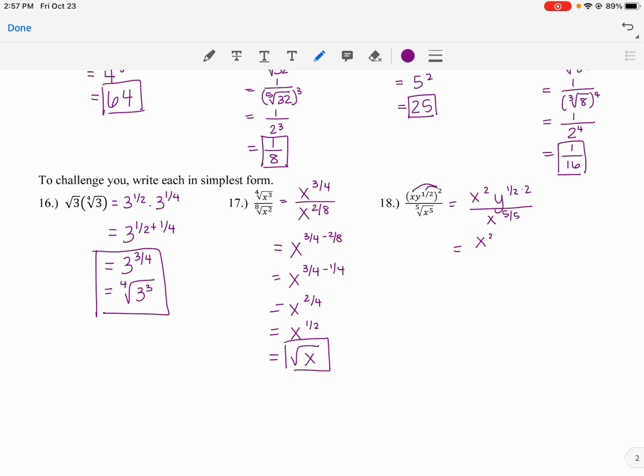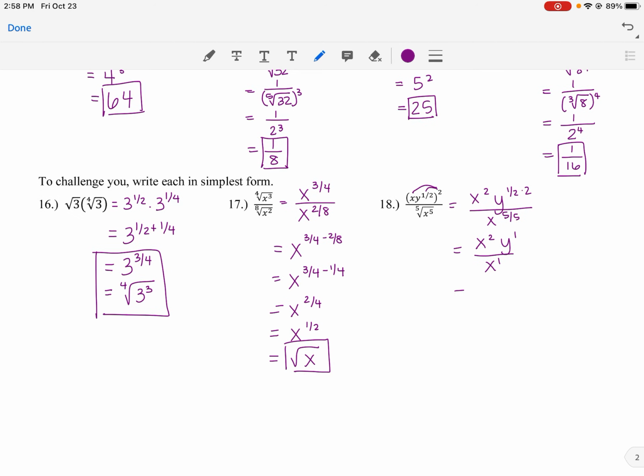So we've got x squared. 1/2 times 2 is just 1, so that's just y to the first. And then x, 5 divided by 5 is 1, so x to the first. So here, the only thing I can combine is my x squared and my x in the bottom. You may just realize that x squared divided by x is x, because we've been studying that a lot. And then we have y. We've got our final answer.